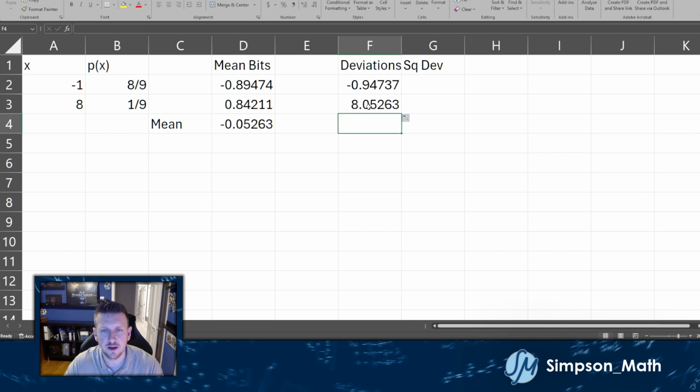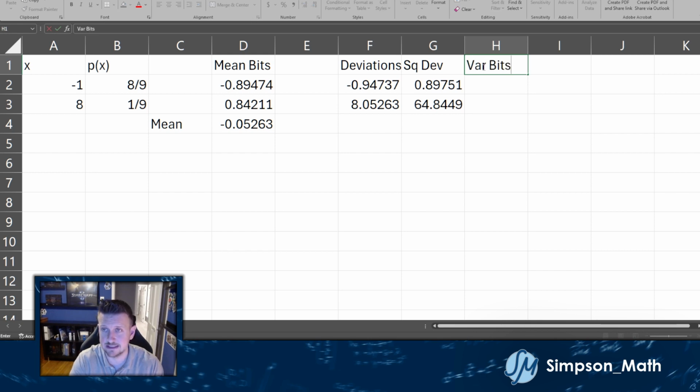If I add these up, that's not going to help me with anything, so I'm not going to do that. So now let's square our deviations. Take this cell and square it, and then fill that down. Then I'm going to find my variance bits. I don't know why I'm calling it that, because I need to multiply this squared deviation times the probability.